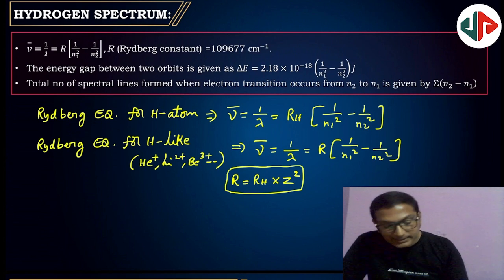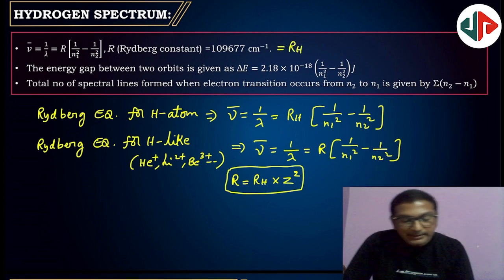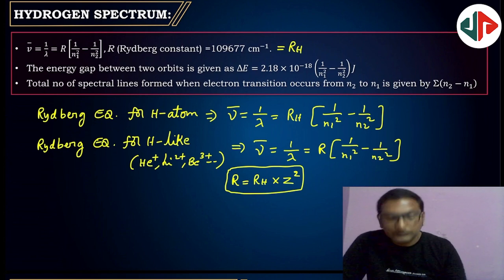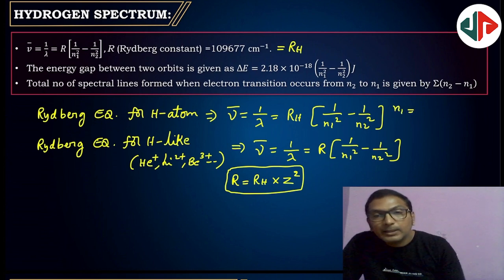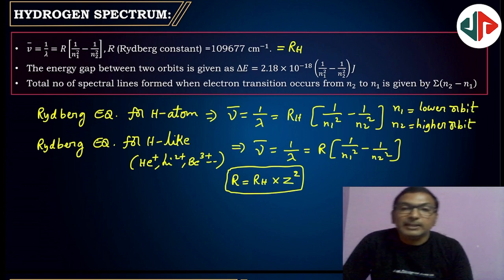Next, value of RH, the Rydberg constant, is 109677 centimeters inverse, which is constant. N1 is the lower value, that means lower orbit, N2 higher orbit.